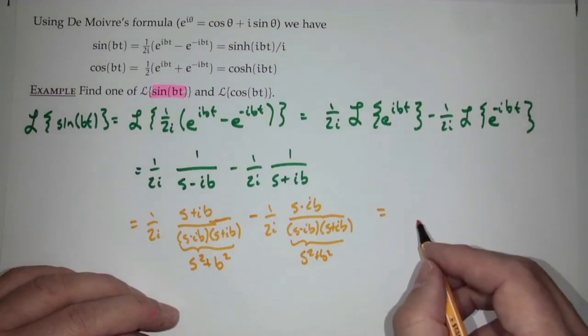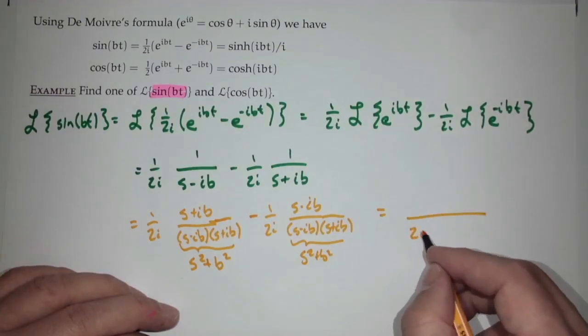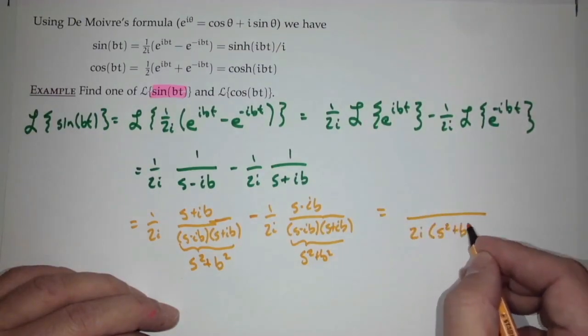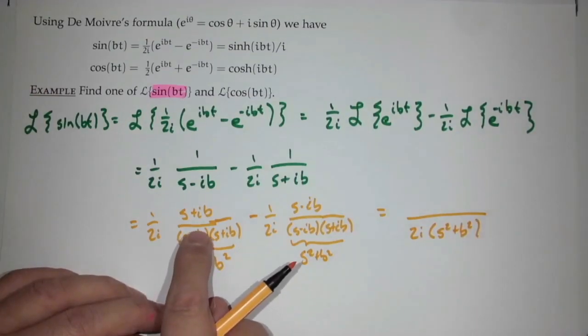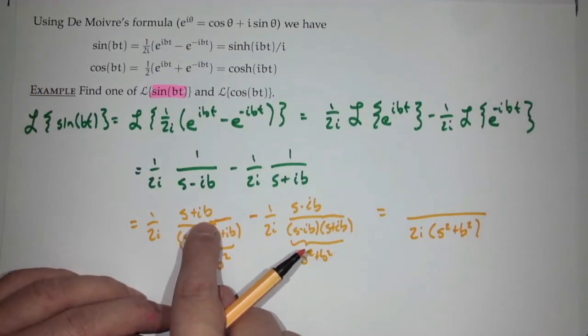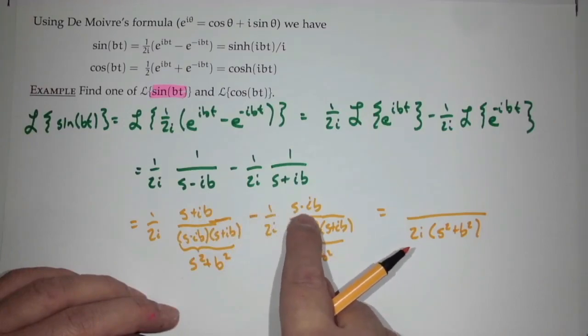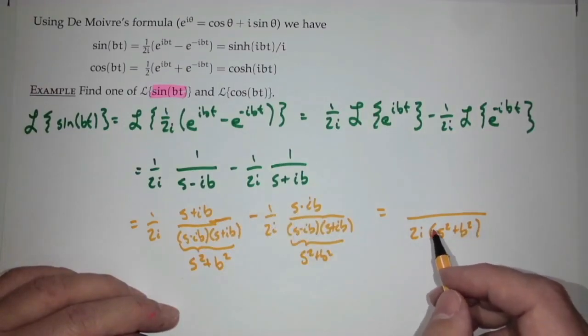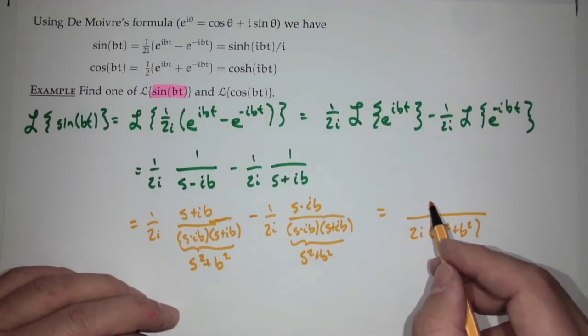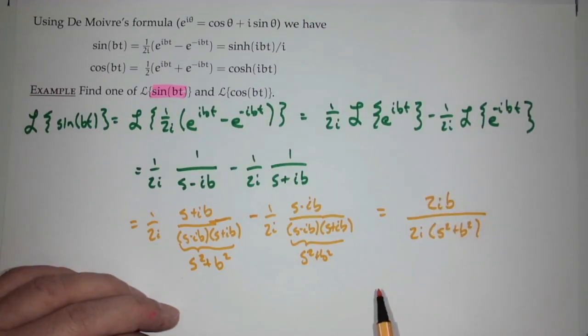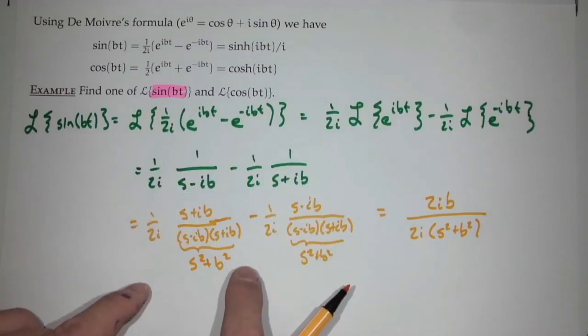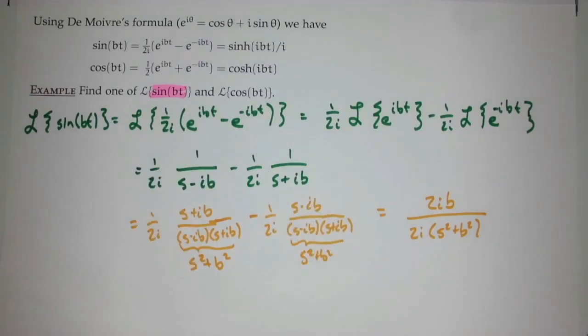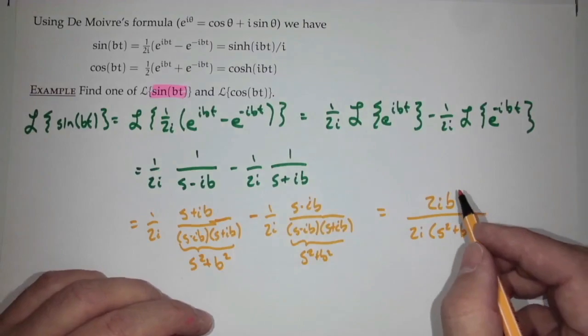So that's our downstairs. So we have 2i times s squared plus b squared. Upstairs, well, we have s plus ib subtract s minus ib. What will we end up with? 2 times i times b. The s's cancel, the ib's combine, and now we're in luck.